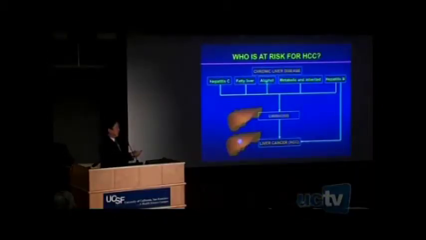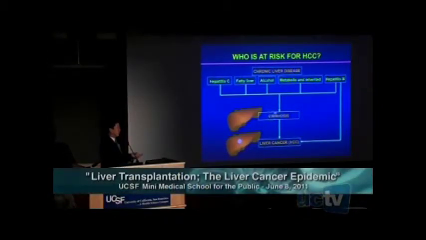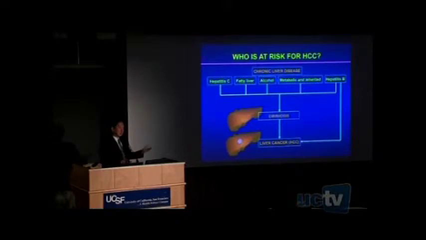A typical scenario would be hepatitis C, for instance. On average, it takes about 20 years to develop cirrhosis or scarring, and on average about 10 more years to develop liver cancer. There's a wide range in the timetable. So the sequence is typically chronic liver disease of various different etiologies, cirrhosis, and then liver cancer.